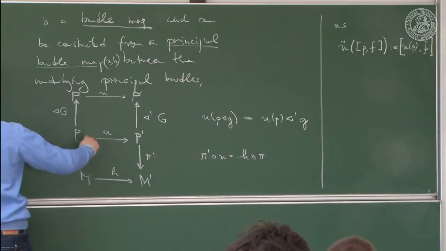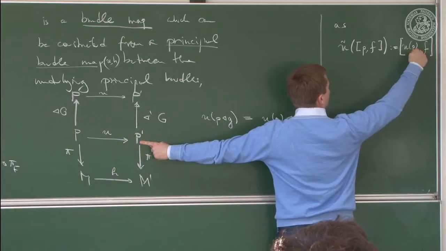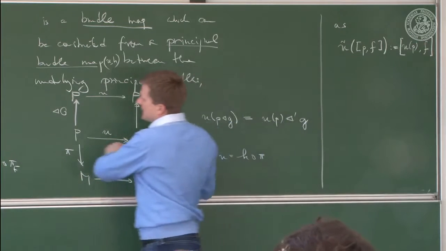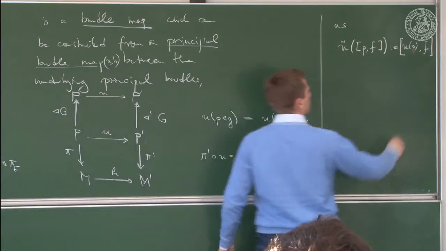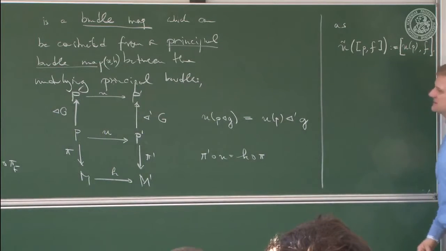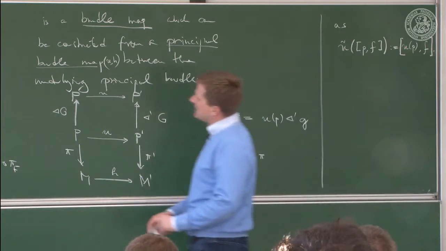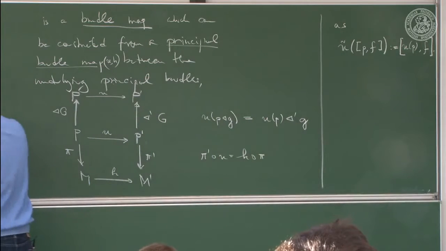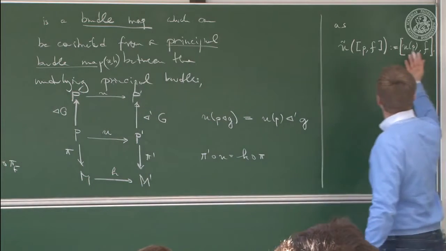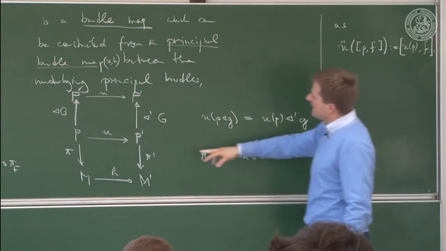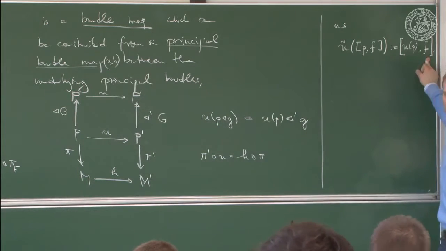So we use this U to take the P element to an element in P prime, and then this is the equivalence relation that defines this one here. We lie over there. Full stop. So now the sentence has ended. The principal associated bundle map is a bundle map with the additional property that it has to be induced from some principal bundle map in this fashion.